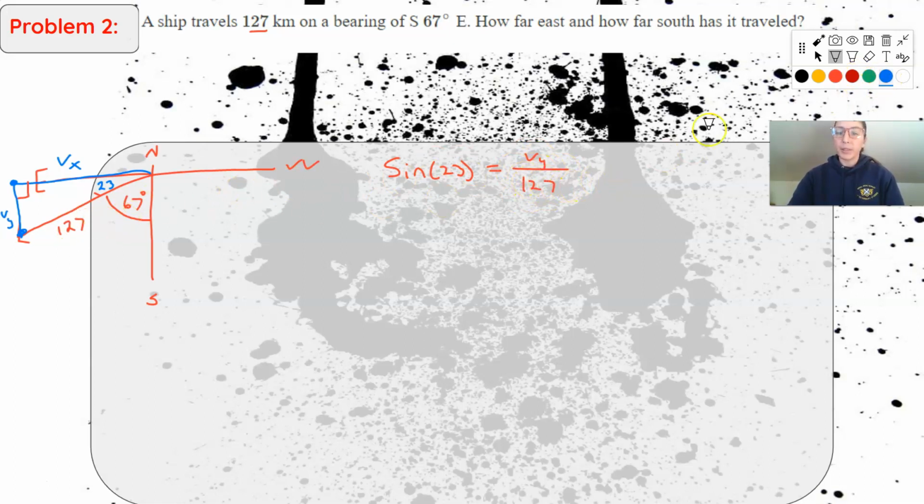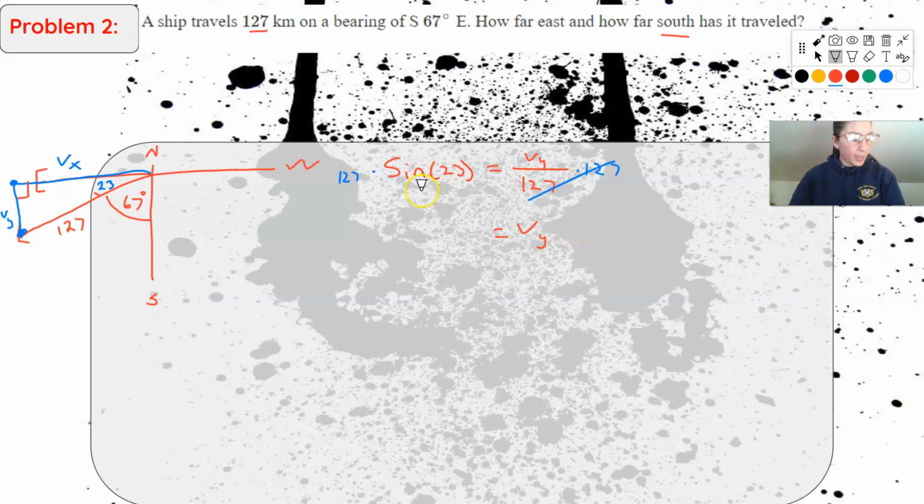Multiply both sides by 127. These cancel, and we get v sub y, how far south we went, which is what we're solving for. So we do 127 times sine 23.